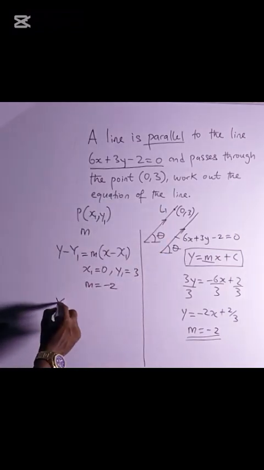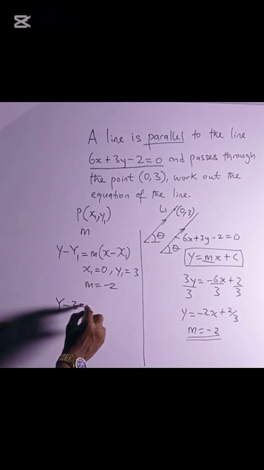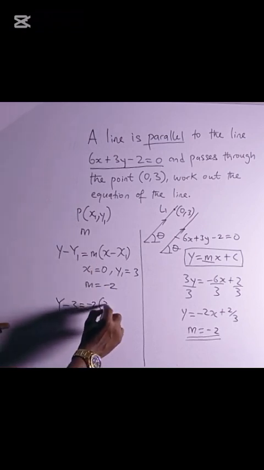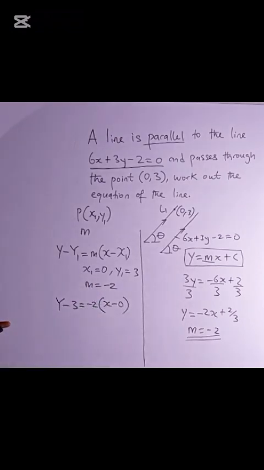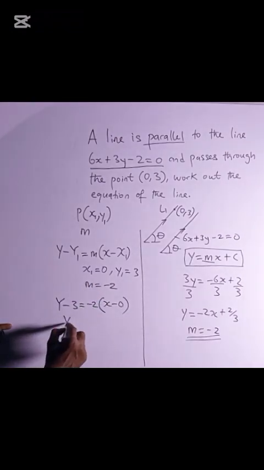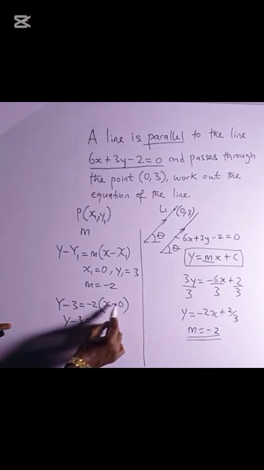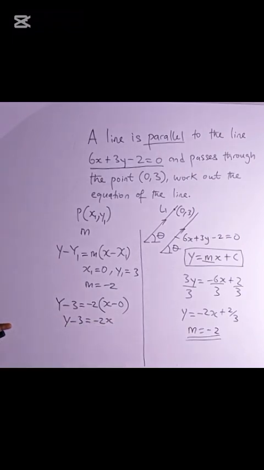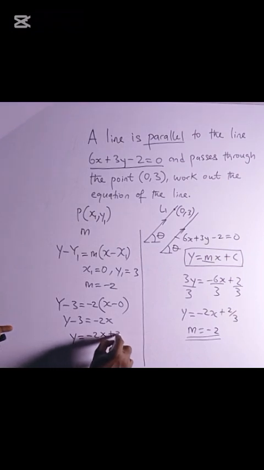It becomes y minus y1, which is 3, equals m, which is minus 2, into x minus x1, which is 0. Is that okay? So it becomes y minus 3 equals x minus 0, which is x, times minus 2, which is minus 2x. Or we can take the 3 to this side, and it becomes y equals minus 2x plus 3.